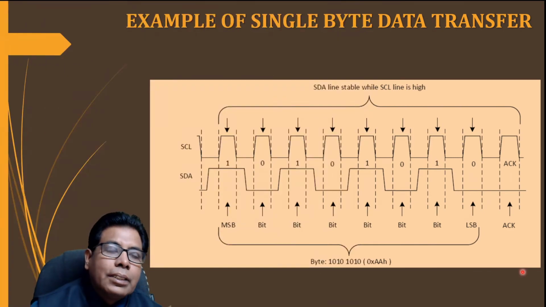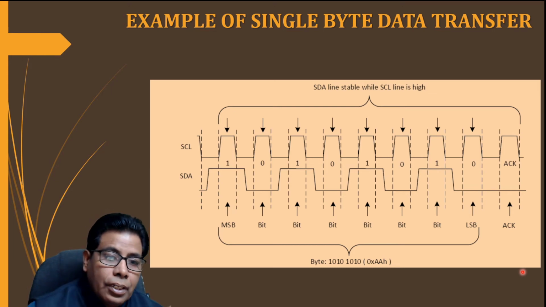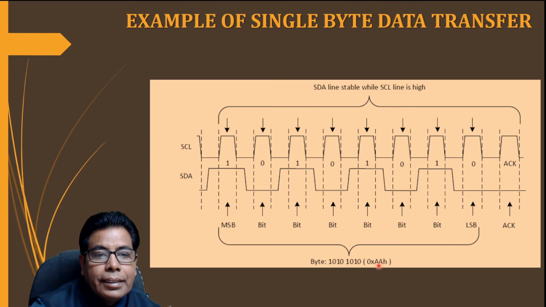Then let us go further. Here you see the example of single byte data transfer. You can see the data AA in hexadecimal is shown here. You can see the clock SCL. Now this will be the period of the clock pulse, and during that the data has to be valid.